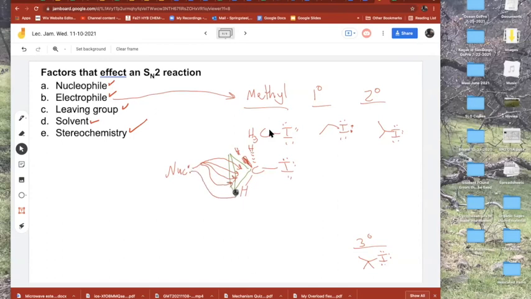If it hits over here, boom, it doesn't react. But it's got a lot of areas. The cone of reactivity is big. And then for my primary, that cone of reactivity is getting smaller because I've got this methyl over here. Do you see how my cone of reactivity is not quite as big? So who reacts fastest?